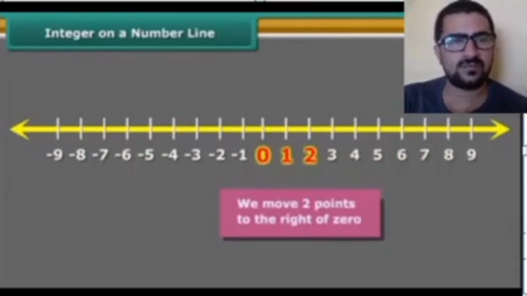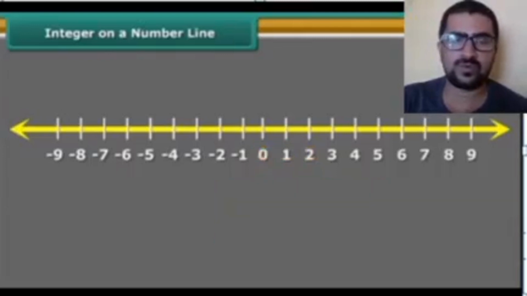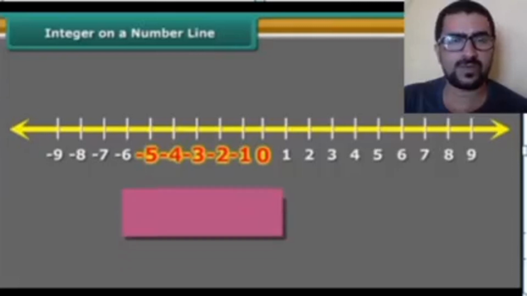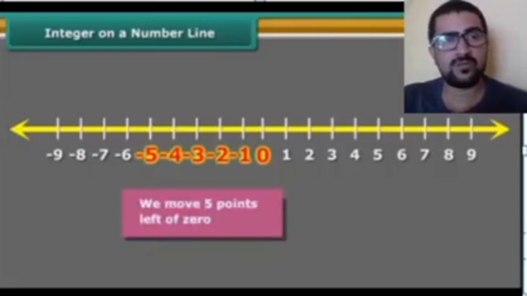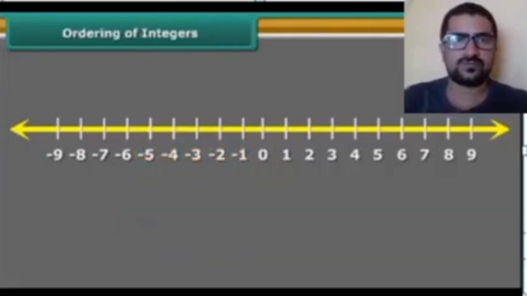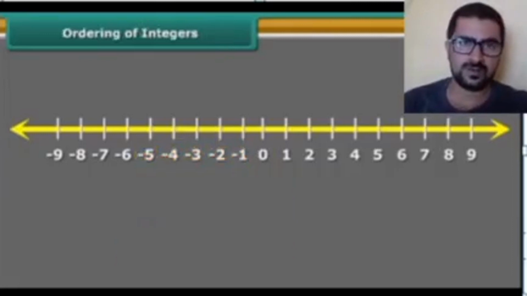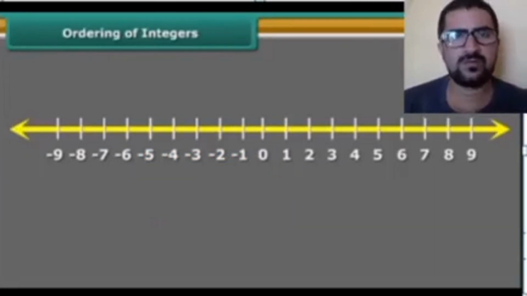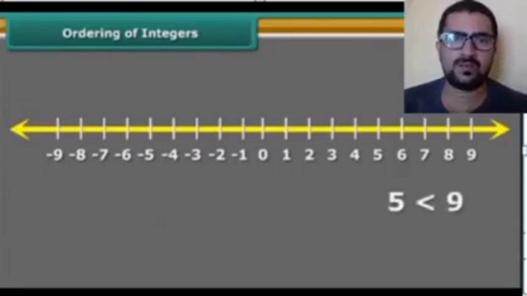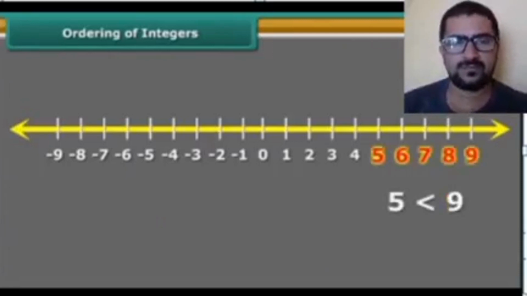Here, to mark +2 on the number line, we move 2 points to the right of 0. Similarly, to represent -5, we move 5 points left of 0. Let us again observe the integers which are represented on the number line. We know that 9 is greater than 5. On the number line, it is 4 points right of 5.